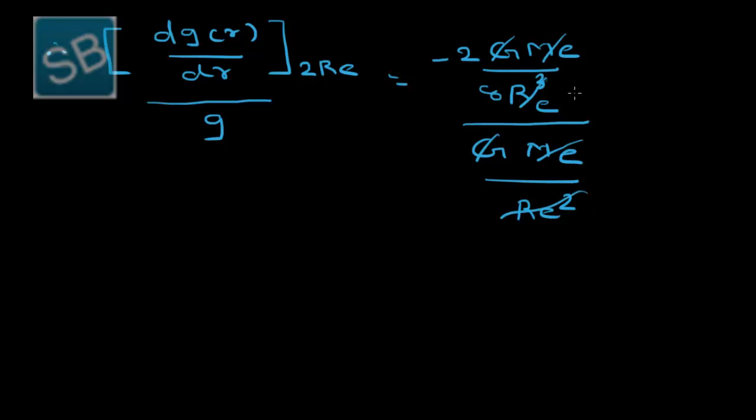So G and Me are cancelled out, RE square is cancelled out by RE cube, leaving one RE as it is, and therefore this ratio, if you simplify, is minus 1 over 4RE.